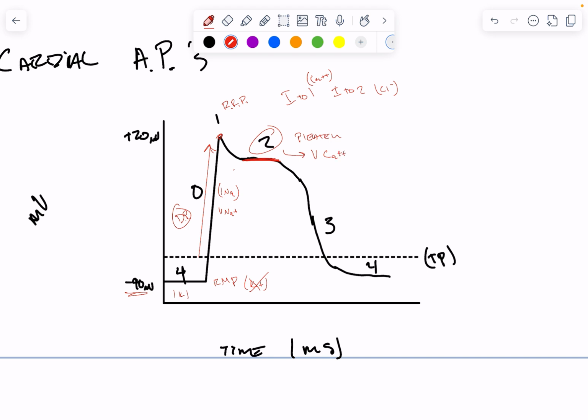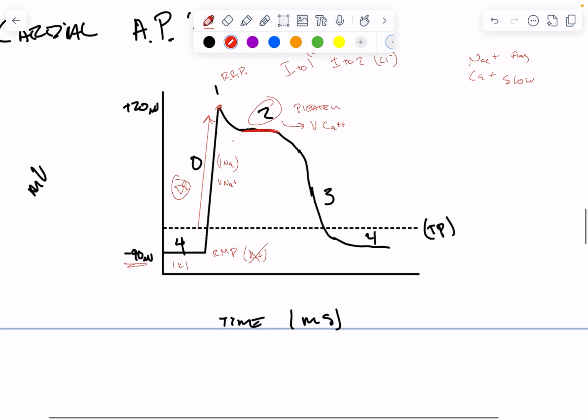This is why calcium plays such a large role in the cardiac cycle. When these calcium channels open, they activate and inactivate much slower than sodium channels. So sodium channels are fast, and calcium channels are slow. And that's why you see this gradual decline instead of a rapid decline.